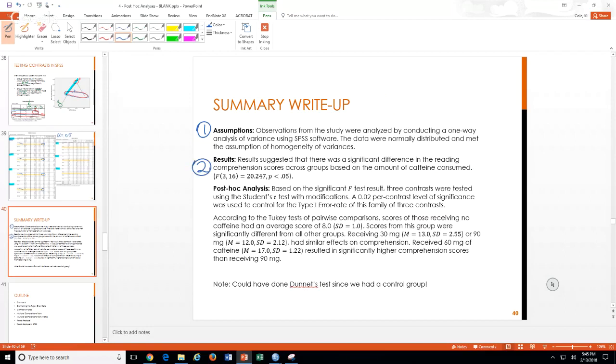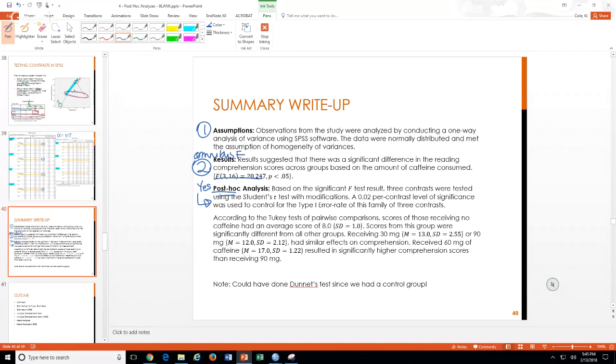Then, what are your results for the omnibus F test? That is the overall global F. Is there at least one significantly different group mean? If so, then you proceed to the post hoc analysis.